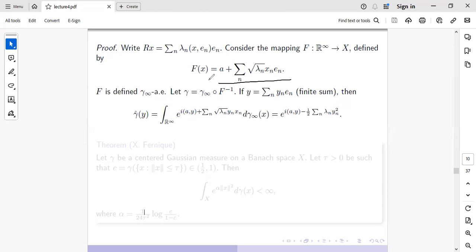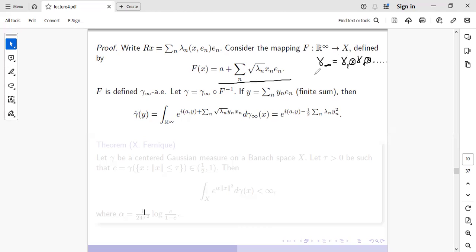In fact, unless we are in some trivial cases, this series will not converge in Hilbert space X. However, recall the standard Gaussian measure on the space of sequences, which is the product of a sequence of one-dimensional Gaussian measures.